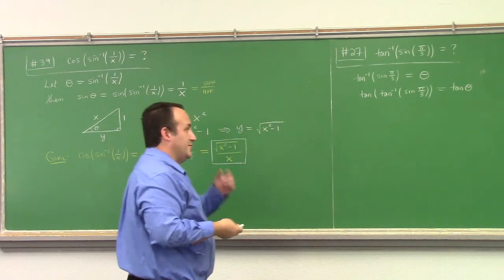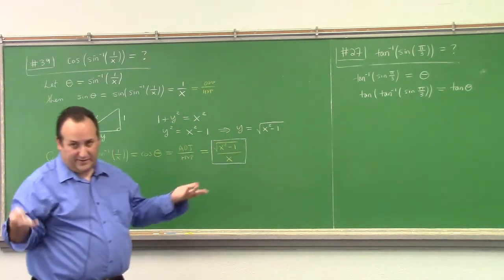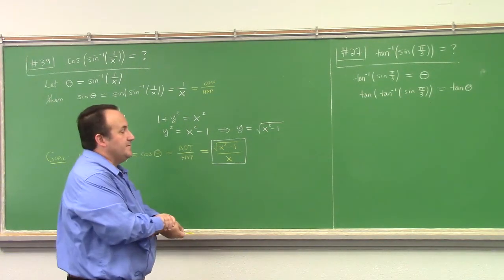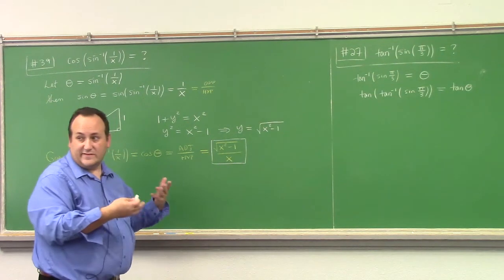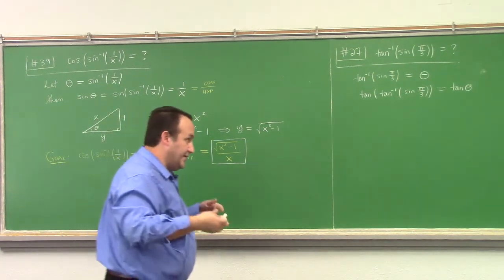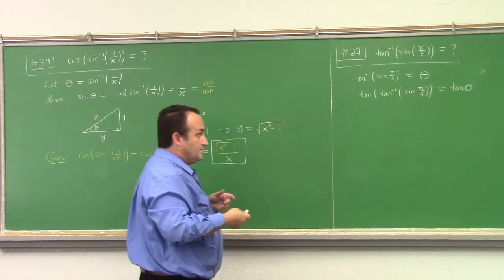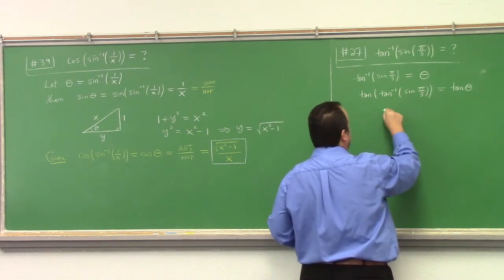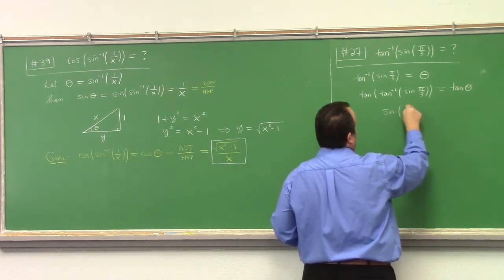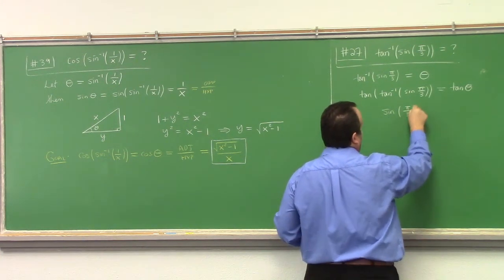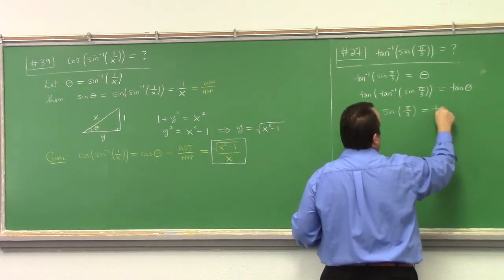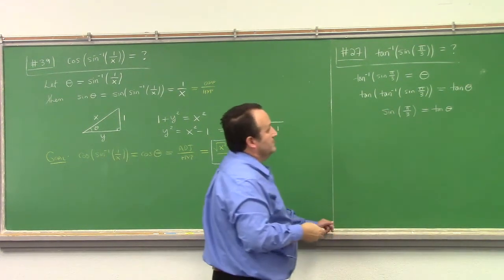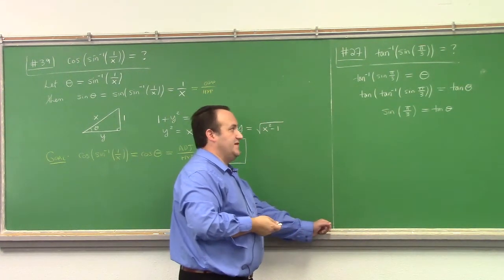But I want to show you how you can work through it step by step without a calculator, because this is a standard special angle. Now, this gives us sine of pi over 3 equal to the tangent of theta. Now, what is the sine of pi over 3?